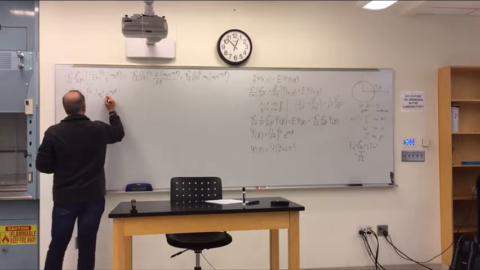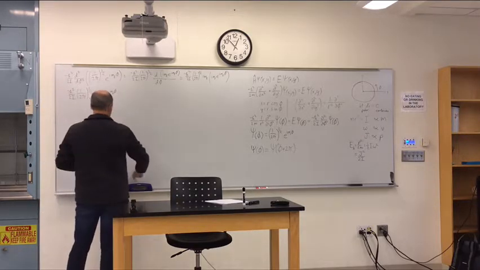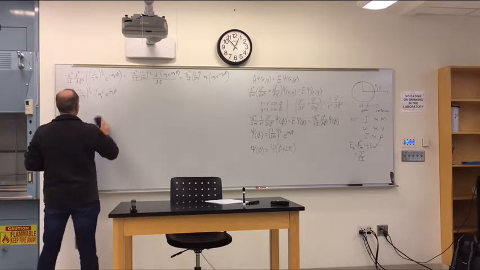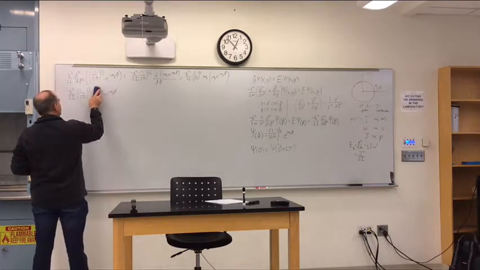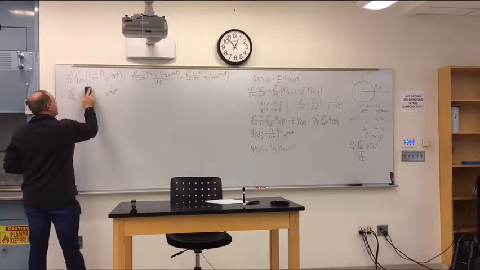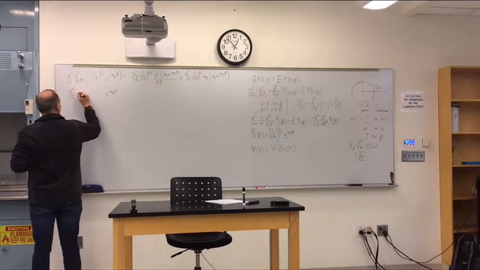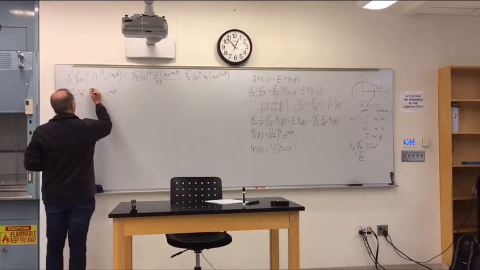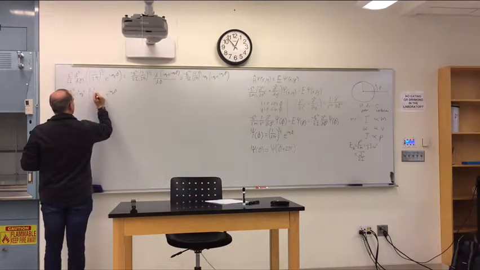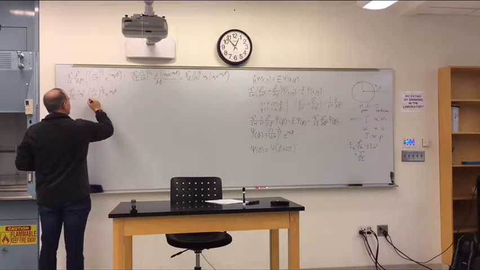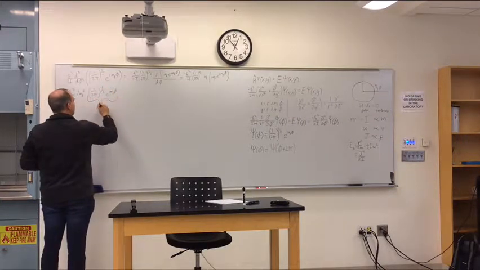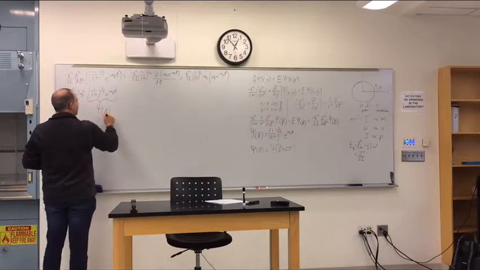I want to make it more clear that we're getting back our wave equation. So I'm going to put the i squared m l squared in front, and then have 1 over 2 pi to the 1/2 e to the i m l phi right here, which is my wave equation.